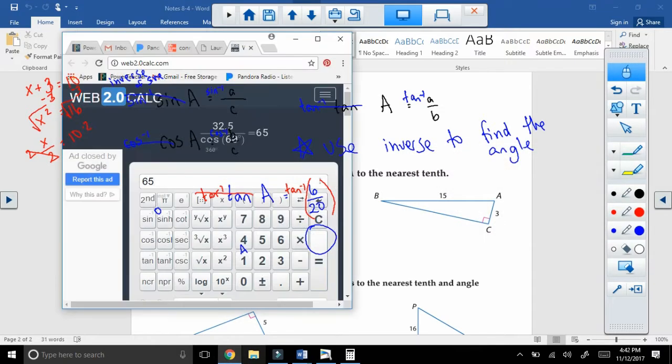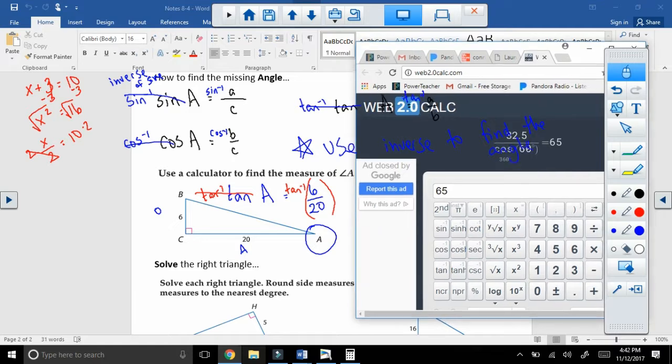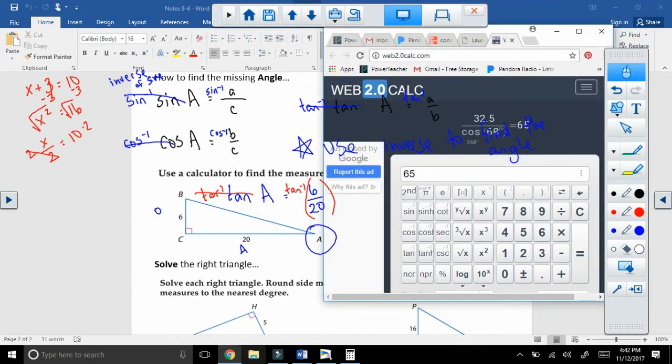So I'm going to grab my scientific calculator from the web, and clear it off. And I'm going to type in that I need to do second tangent. This actually ends up saying arctangent. That's another way you can say it. So if you see that, or here on this one, it says a tangent, that's just what that means. Probably on yours it's going to look more like the way that I wrote it.